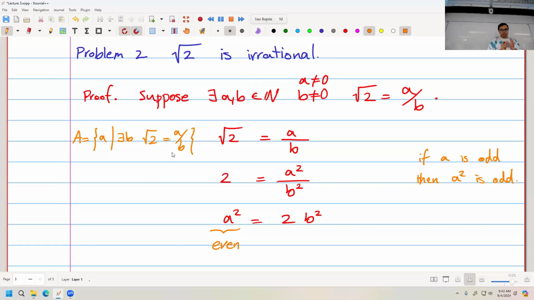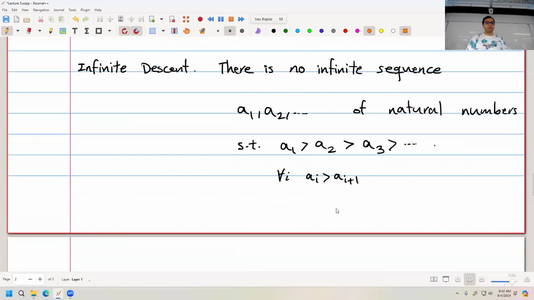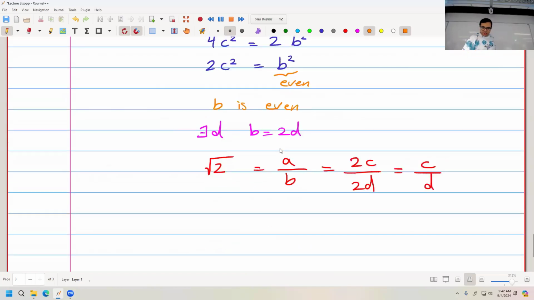If this particular set is not empty, then according to the well-ordering principle, it must have a smallest element. Okay. So now I say take its smallest possible element. And you see where this is going. So I'm saying write square root of 2 as A over B, but choose this A to be the smallest possible A. Okay. And then do exactly the same thing that I did here.